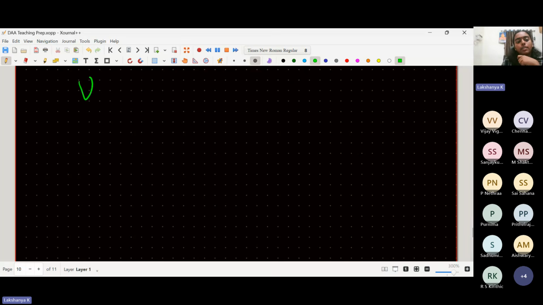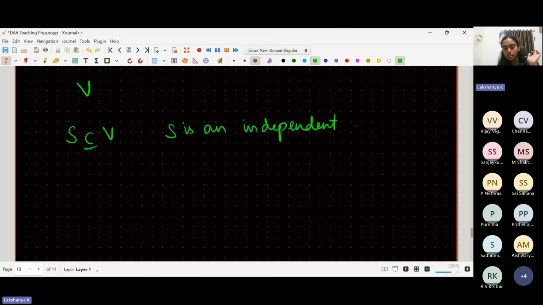Okay, right. So first of all, the entire set of vertices in the graph is capital V, right? Now let's say S is a subset of V, and S is an independent set. Somehow I have been able to find an independent set. Using this, I want to find the vertex cover.